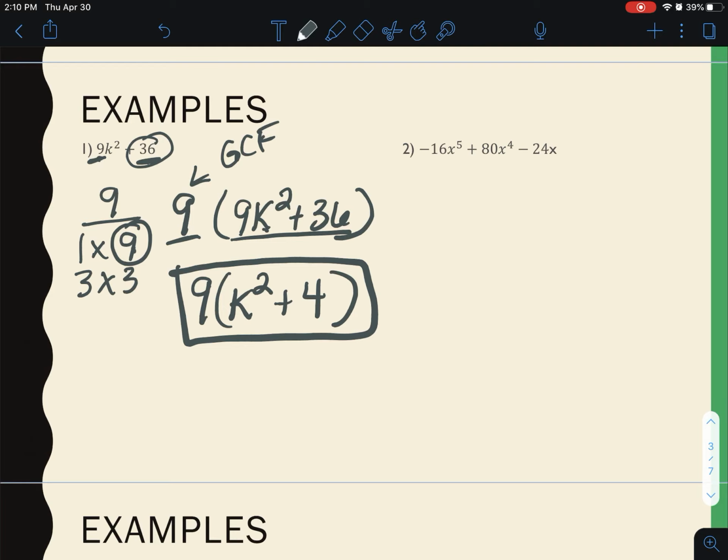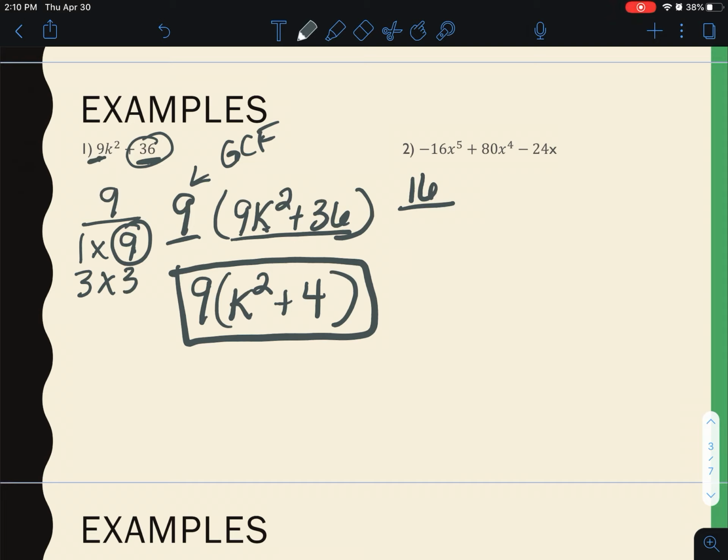For number 2, I've got negative 16x to the 5th plus 80x to the 4th minus 24x. So I'm going to start with my smallest coefficient. I'm going to ignore the negative sign for now. It's not really important at this point.